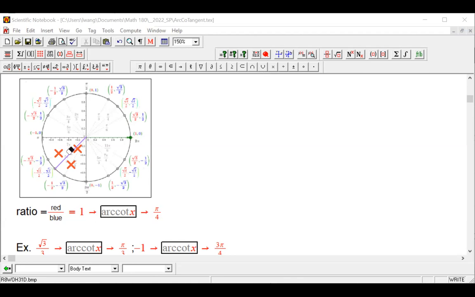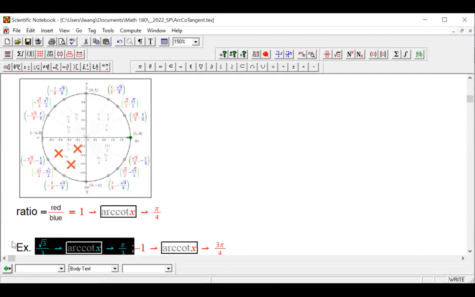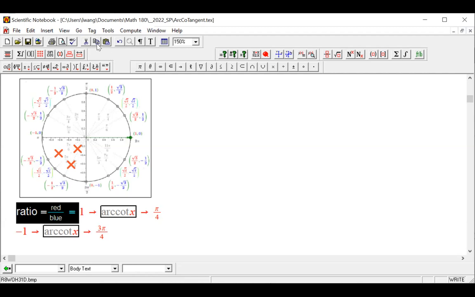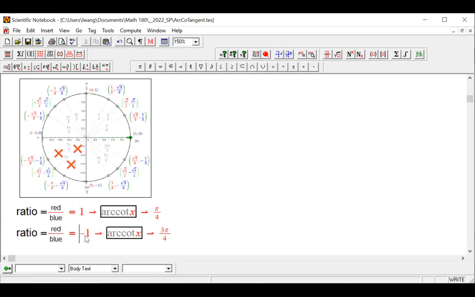Okay, so now quadrant 3 is out. Quadrant 4 and quadrant 2 for the same reason, right? Look at this example. If I have a ratio input equal to -1, and I give it to ArcCoTangent, what will happen?